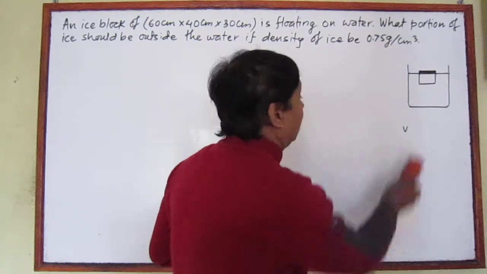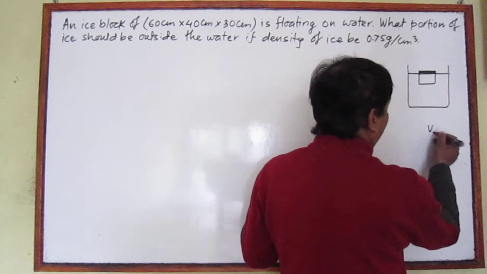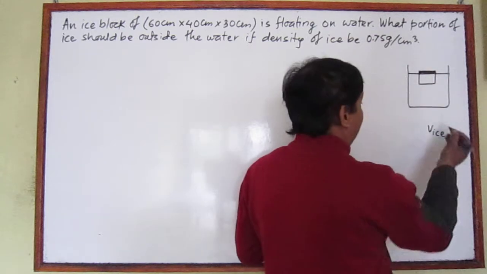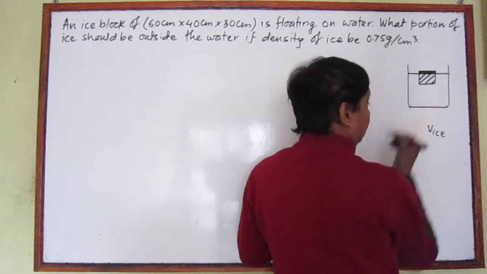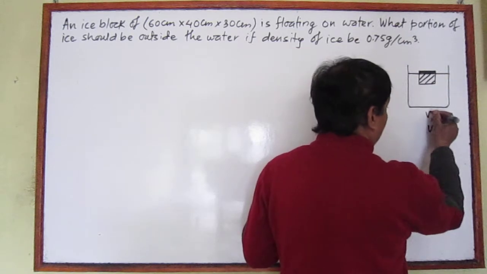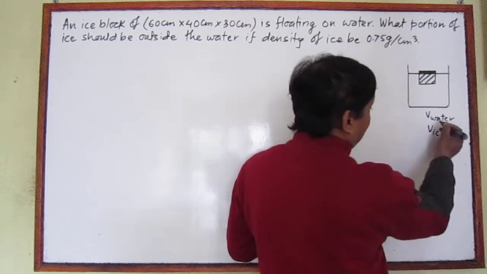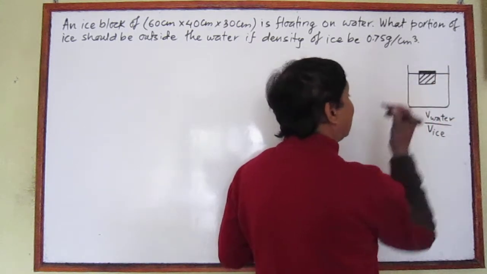that is, the volume of ice, the total volume, is this whole, and the volume inside the water is this much volume. This can be taken as the volume of water displaced by the ice. If we take the ratio of these two, then the part of the ice inside water comes.